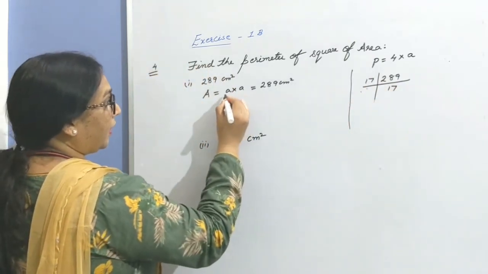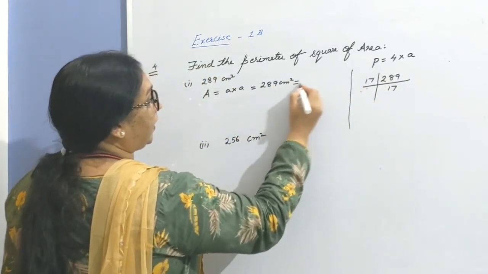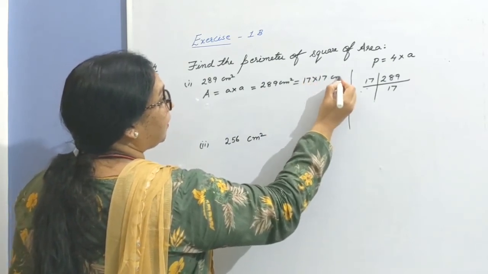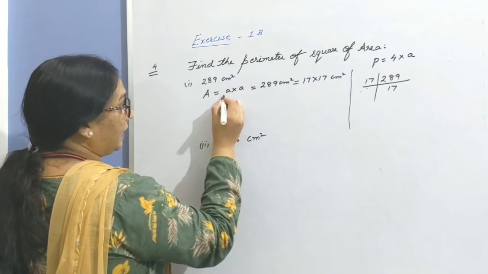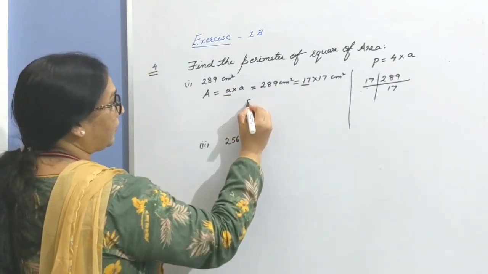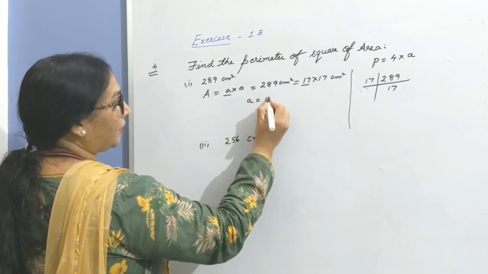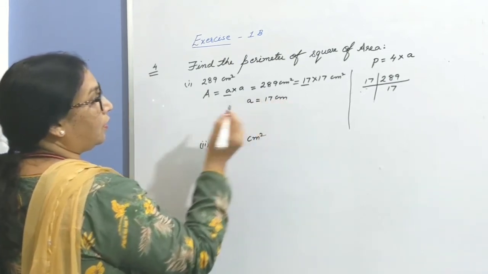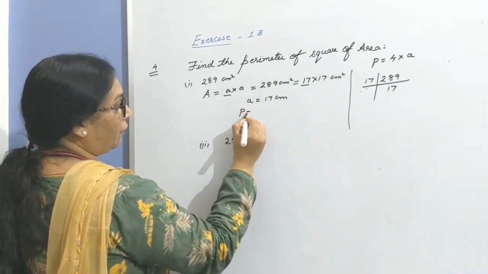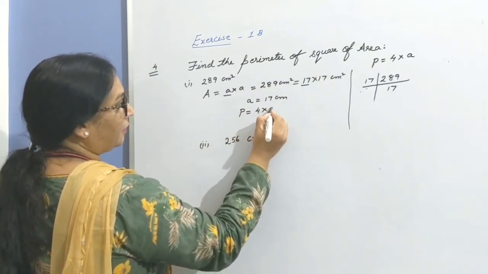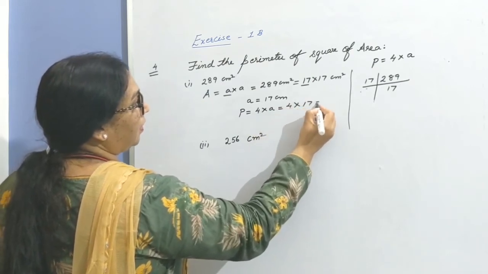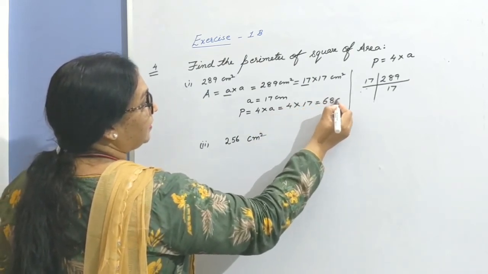So here we can write 289 as 17 into 17 centimeter square. So when you compare, each side is 17 centimeter. So let's find each side. Each side equals 17 centimeter. What is the formula of perimeter? Perimeter is 4 times a side. That is 4 into 17 equals 68 centimeter.